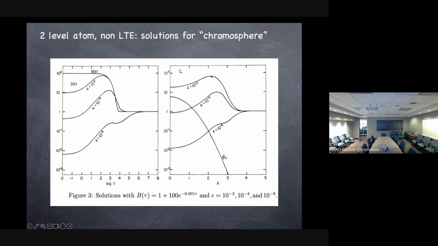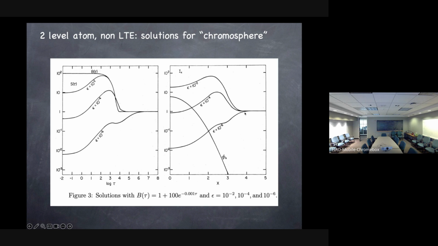This is saying that not only that, but look, the line profile in logarithmic space looks like this, but it's equal to the intensity of the line center. So photons are escaping from much, much larger wavelengths from line center than they would ordinarily. Okay, and then as we go to less and less coupling, it's harder and harder for the source function to follow the Planck function, but it just can't.